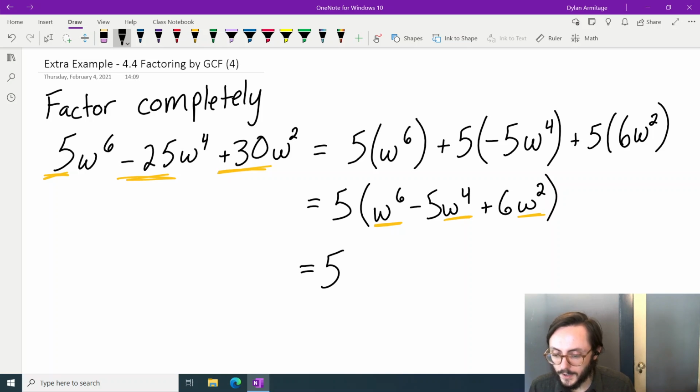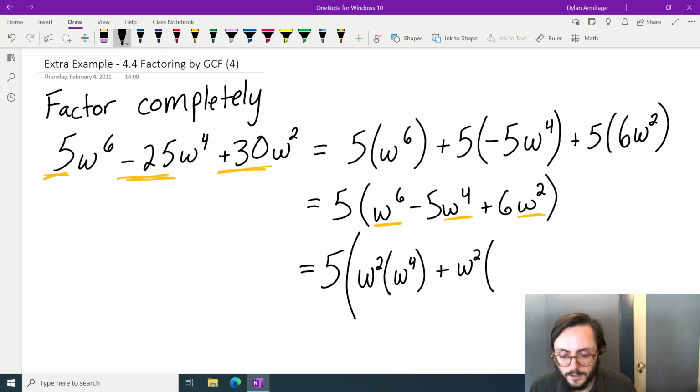So we have 5, and this is going to be times w squared times w to the 4th, plus w squared times negative 5 w squared, plus w squared times 6.